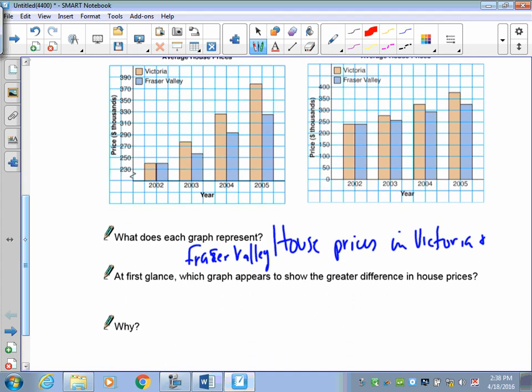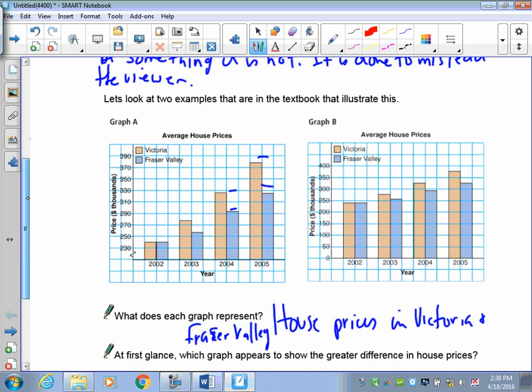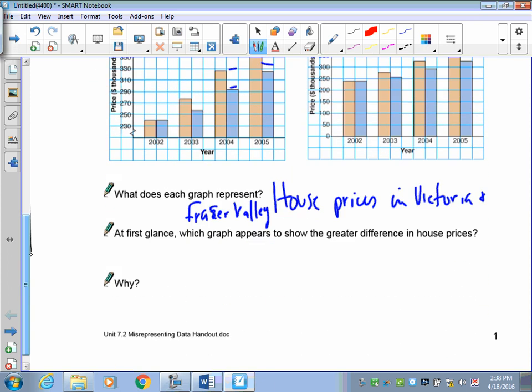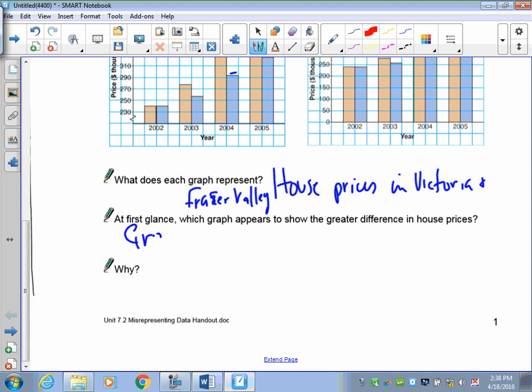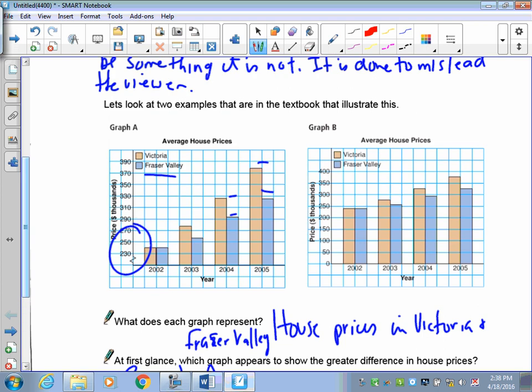Well, let me look. The big differences are from here to here, here to here. So the one that shows the greatest difference is graph A. The question is why? And it all goes down to here. The graph does not start at 0. They've used a scale break to start the graph at 200,000. And what that does is spread the data out this way.